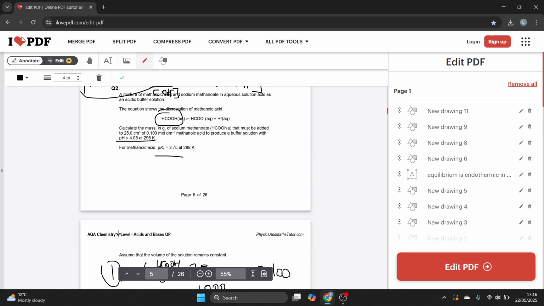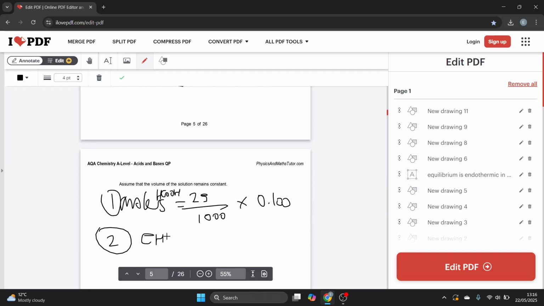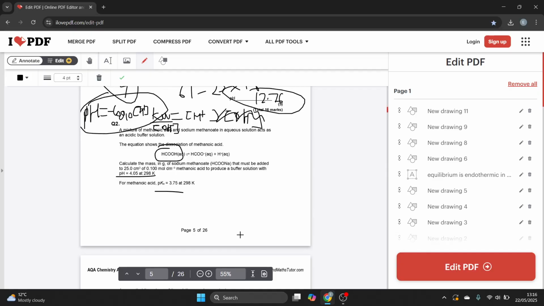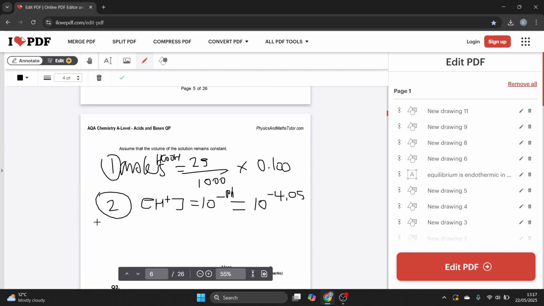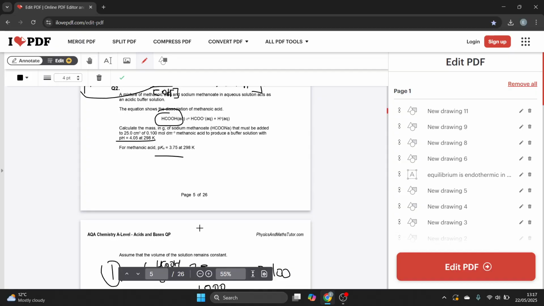Then I'm going to work out the concentration of H plus, which is 10 to the power minus pH, which is 10 to the power of minus 4.50. Then I can even work out Ka. Ka equals 10 to the power minus pKa. I haven't gone through this in a while, so I might be wrong. I don't think I am. So then it's just going to be minus log 10 of 3.75.